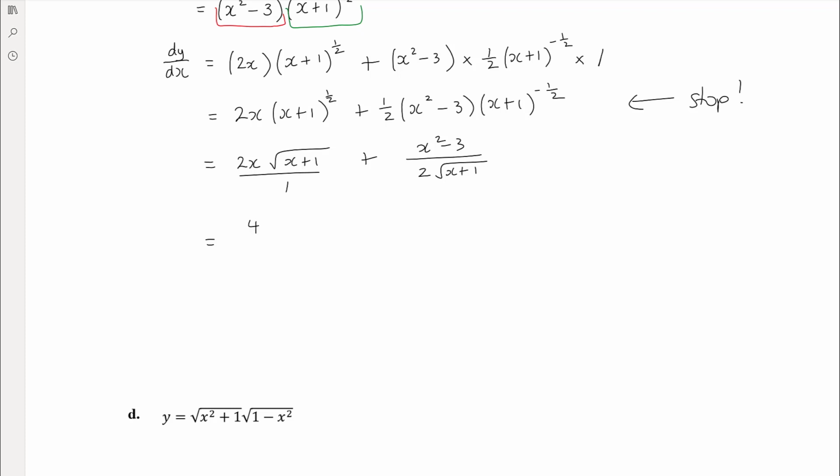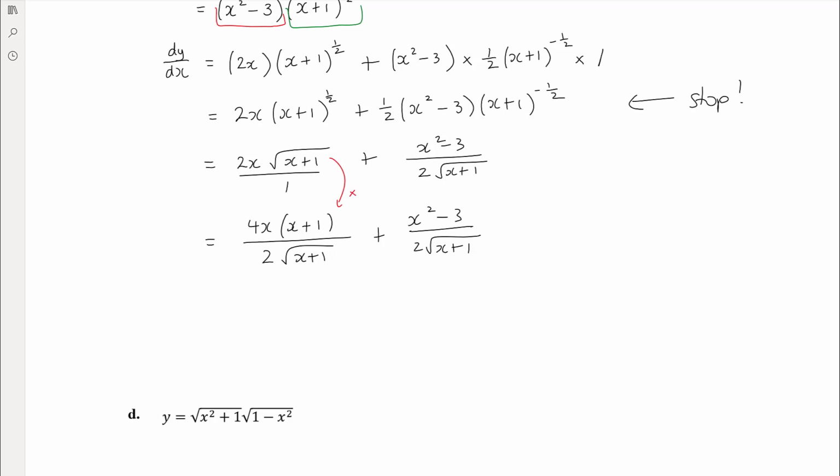we'll have 4x, that's multiplying by 2. And then when you do root x plus 1 times root x plus 1, that just becomes x plus 1. Okay. So all I've done there is create the common denominator by multiplying the numerator and the denominator in the first fraction.